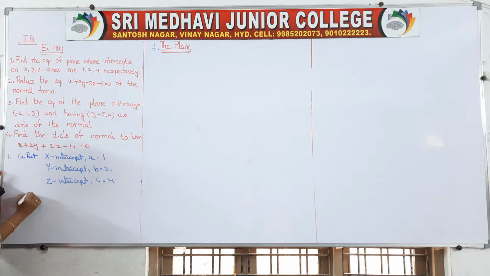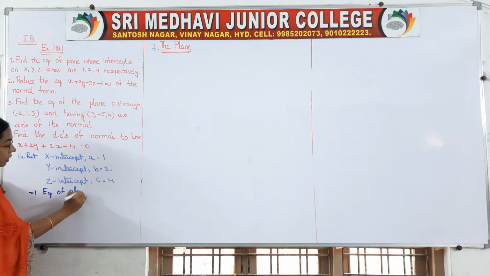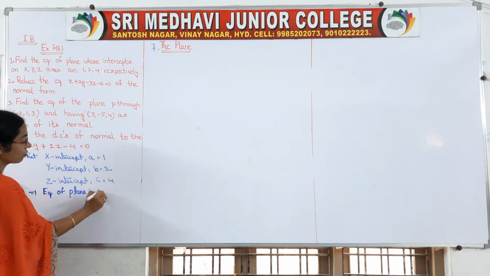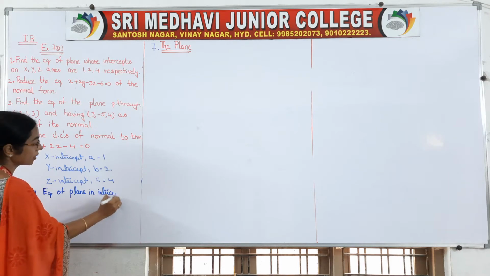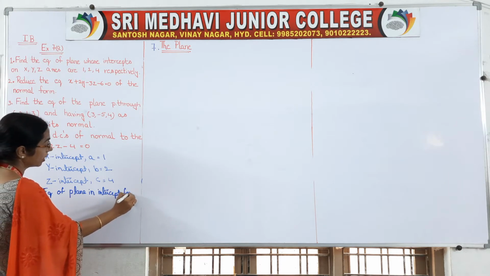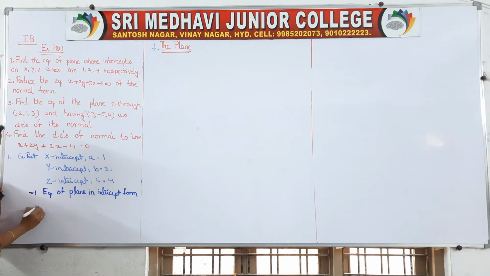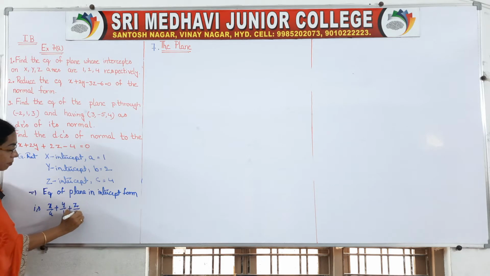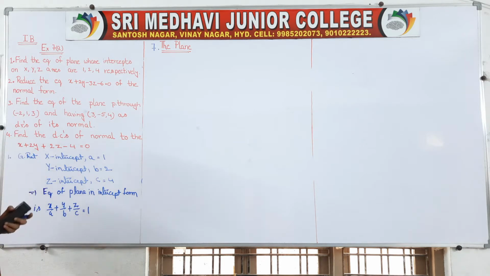Generally, what is the equation of the plane in intercept form? It is x by a plus y by b plus z by c is equal to 1.